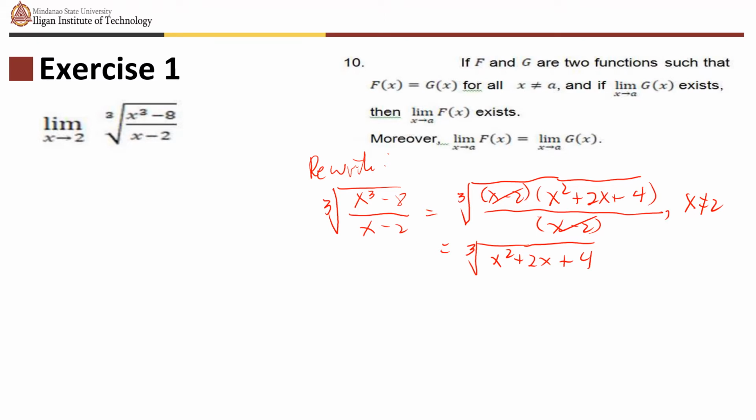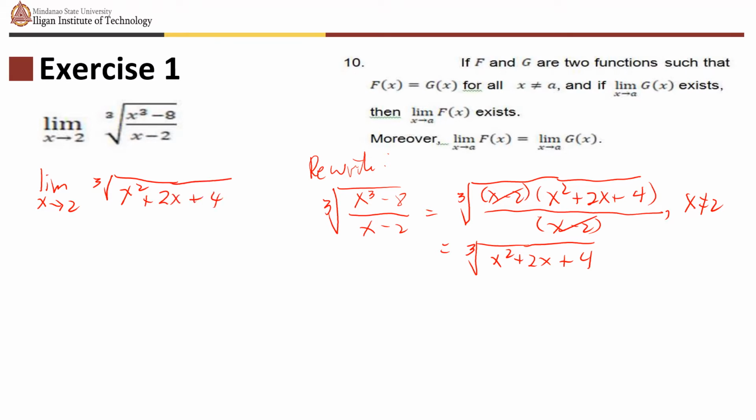So as x approaches 2, this function can now be rewritten as the cube root of x squared plus 2x plus 4.